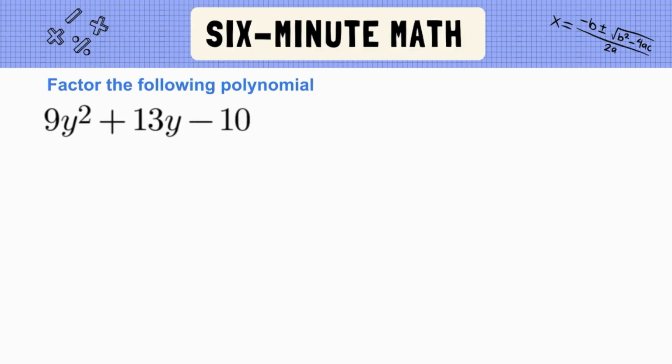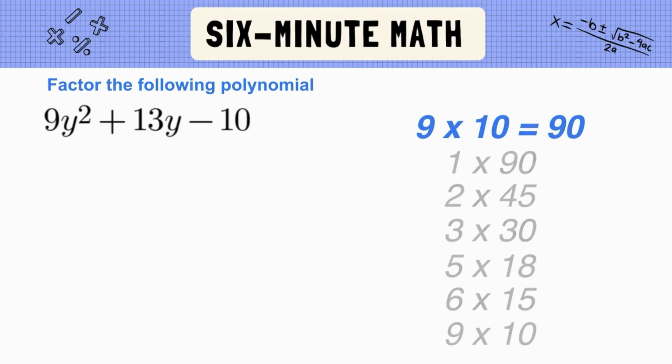Let's factor 9y squared plus 13y minus 10. 9 times 10 is 90, and I have my factor pairs. My c value operation tells me I'm looking for the difference to get to 13. So let's do the difference between all of these factors. We have 89, 43, 27, 13, 9, and 1.